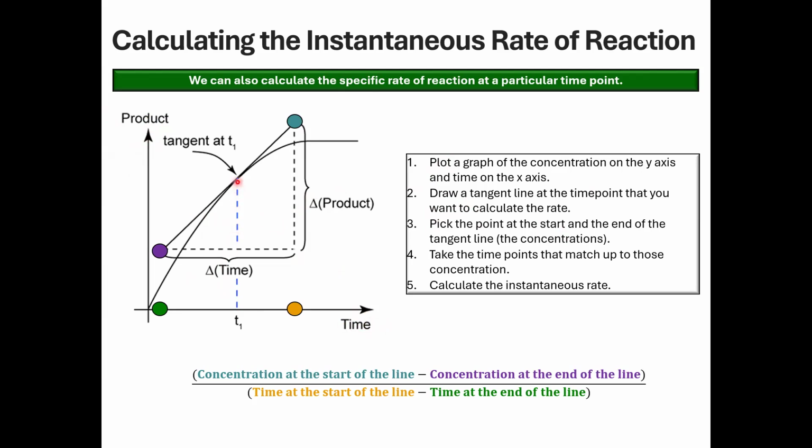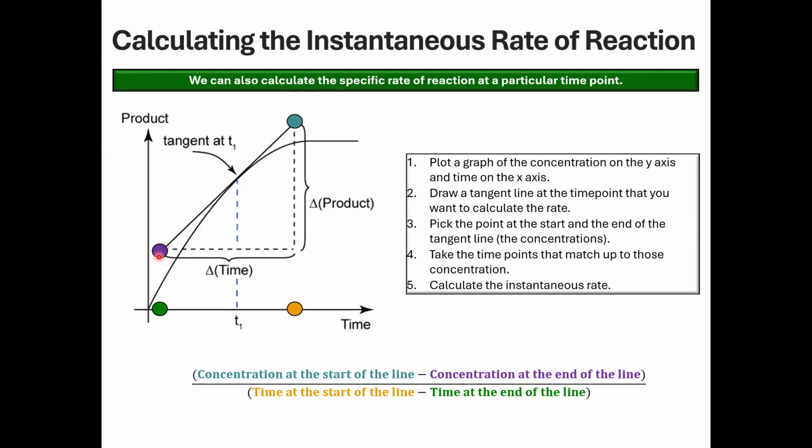So say, for example, if it's there, you come along and draw a tangent line to that point, okay? Similar to what's drawn here. And then you pick 2 points along that tangent line and take note of the concentration. I have them color coded down here. If you put a point on that tangent line up there, that's the concentration at the start of the line.